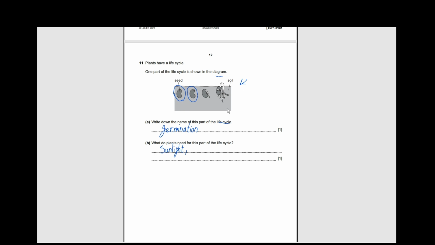No, in germination, the plants don't need oxygen or water. We'll say they need warmth or the correct temperature. I say write warmth temperature, so that it will guarantee more that your answer will be correct.